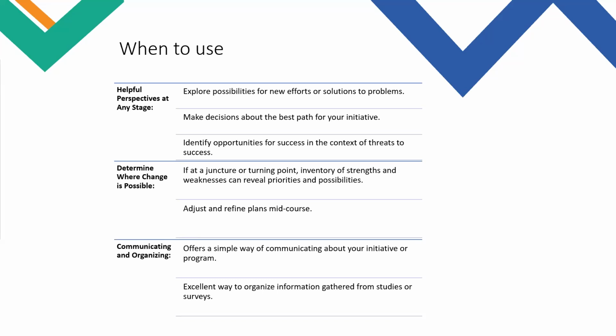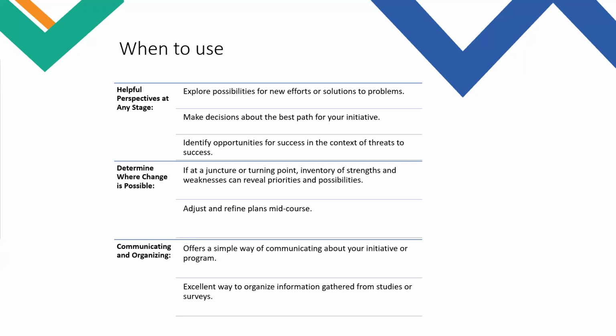identifying your opportunities for success in context of threats to success can clarify direction that your business can go, and the directions and the choices that you make. You can also determine where change is possible. If you're at a juncture or a turning point, an inventory of your strengths and weaknesses can reveal priorities as well as possibilities.